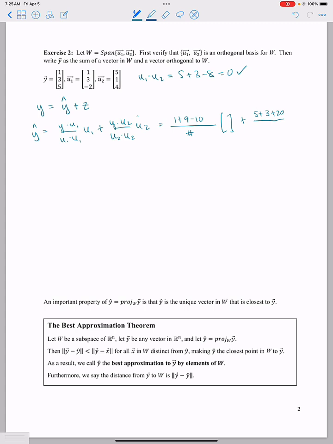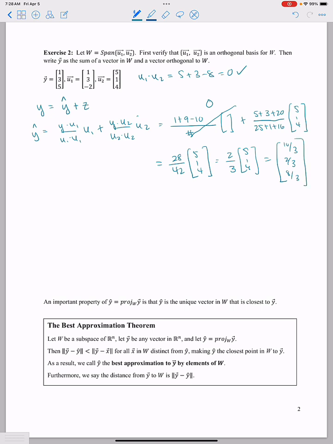And U2 dotted with itself is 25 plus 1 plus 16. So again, this piece is 0, which is why I didn't finish that one. I have 28 over 42, so we have 2/3 times 5, 1, 4, which gives me 10/3, 2/3, 8/3. So there's my orthogonal projection.